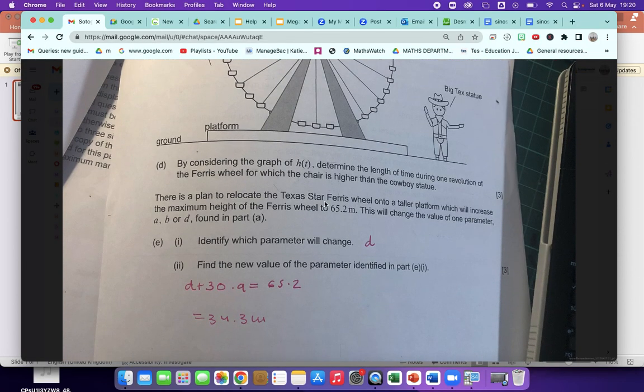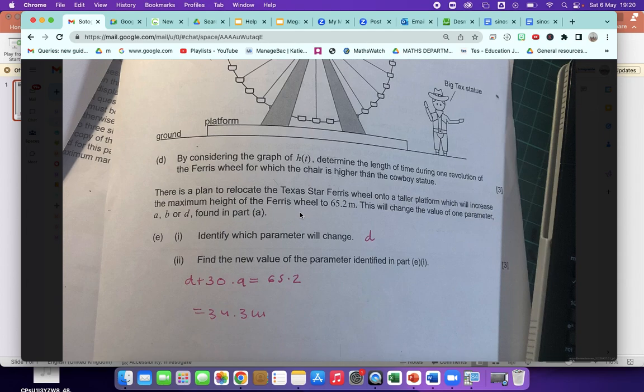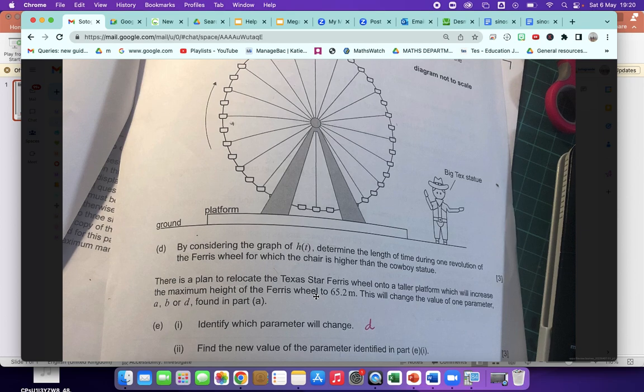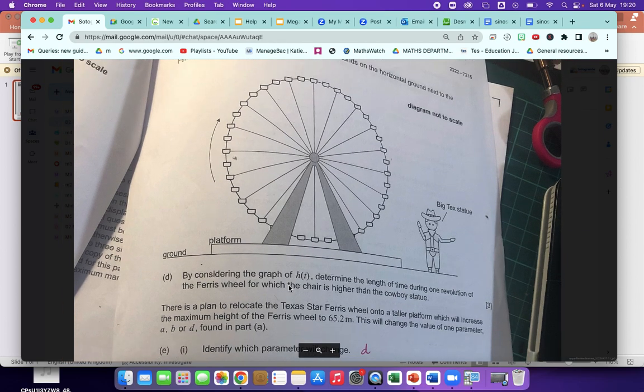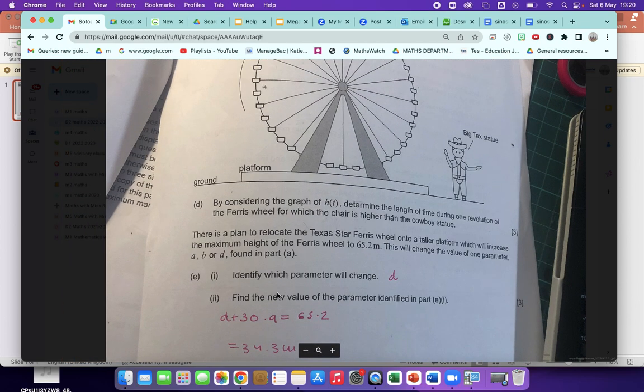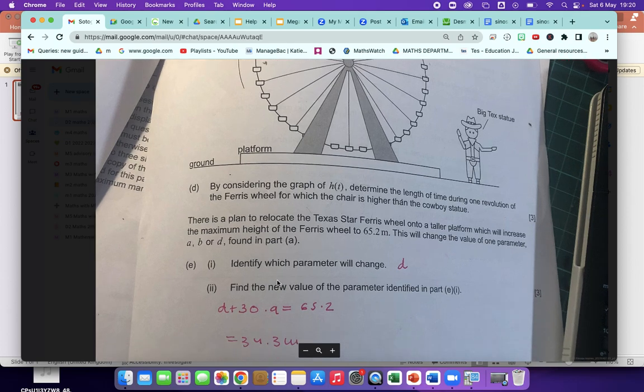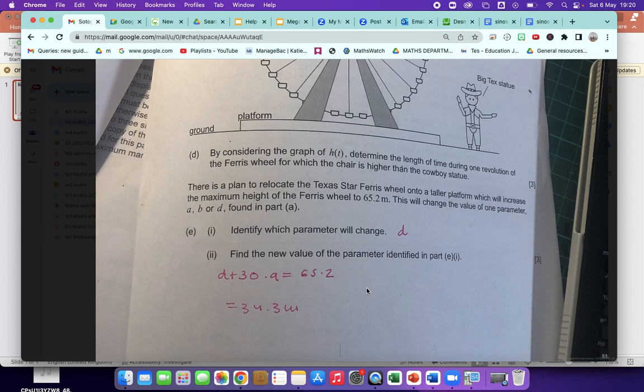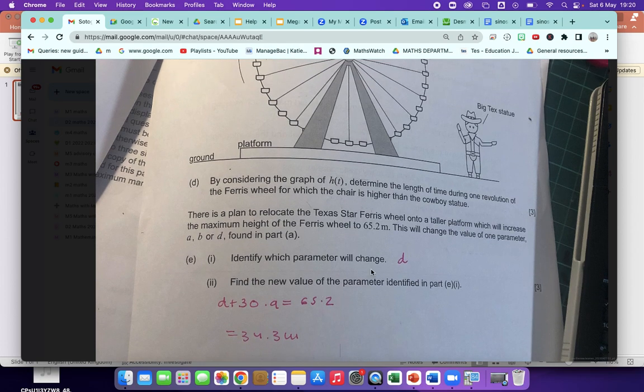There is a plan to relocate this wheel onto a taller platform, which will increase the maximum height of the Ferris wheel to 65.2. So it's now being moved up the whole graph. So obviously everything else stays the same. It's just our D which moves the graph up and down.